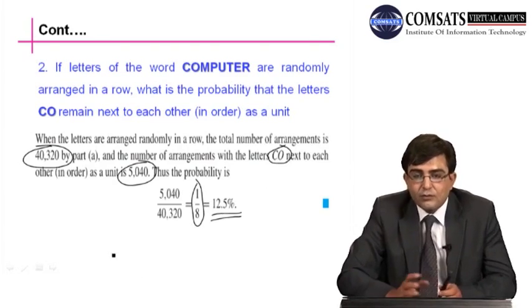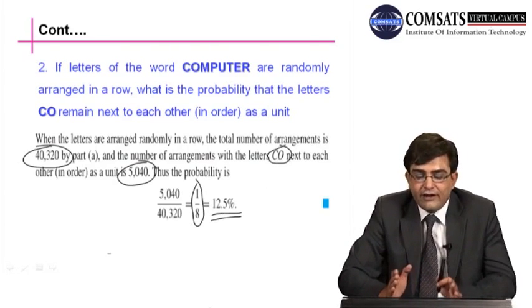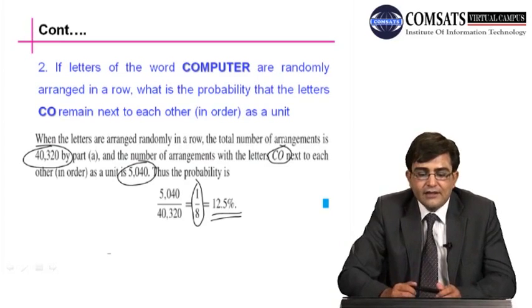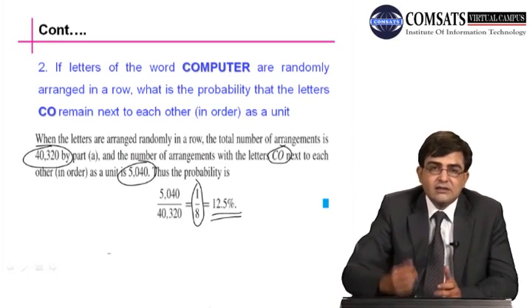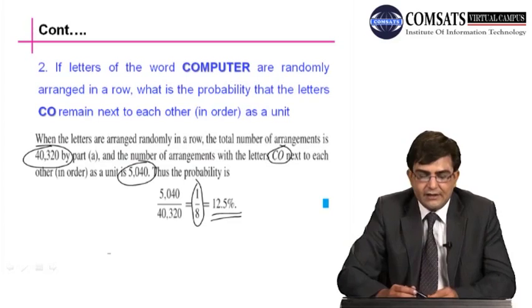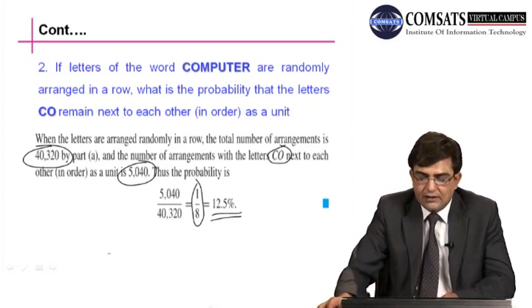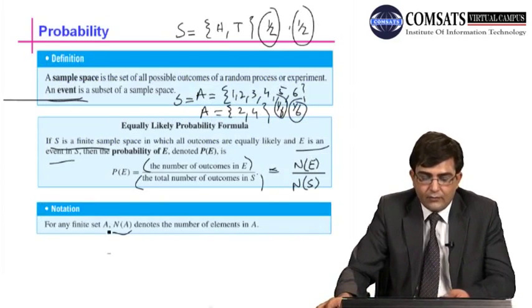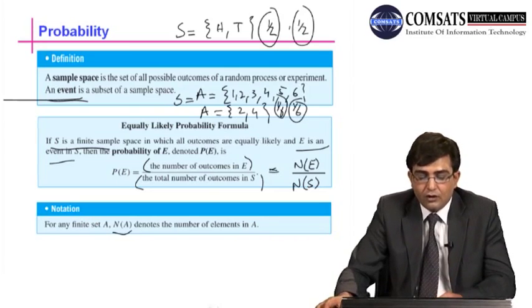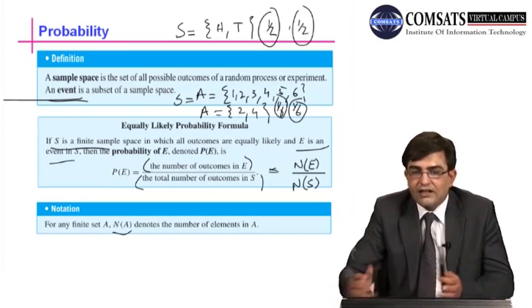So there are 12.5% chances that CO remains together if the letters of the word computer are randomly arranged in a row. This is how we can use the equally likely probability formula to calculate the chances of the occurrence of an event.